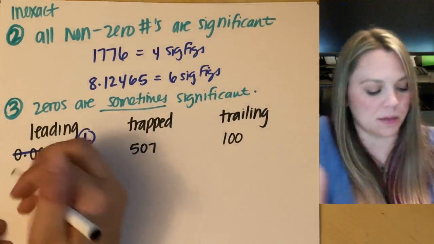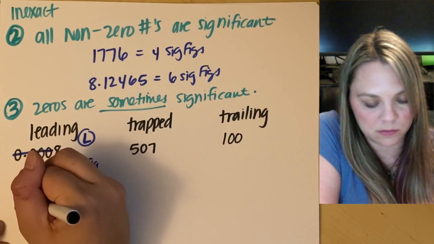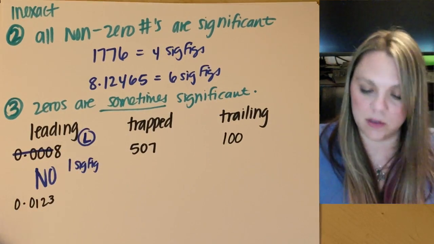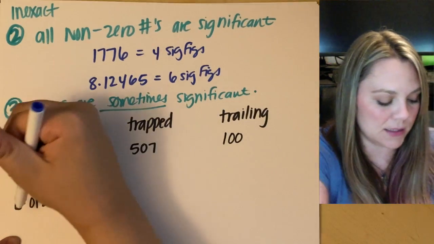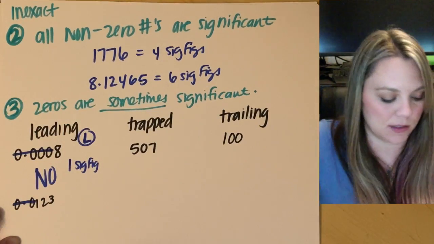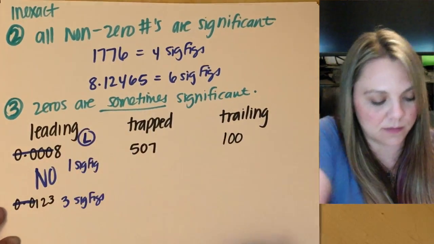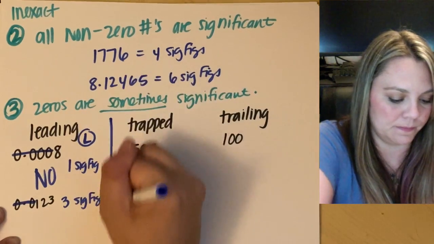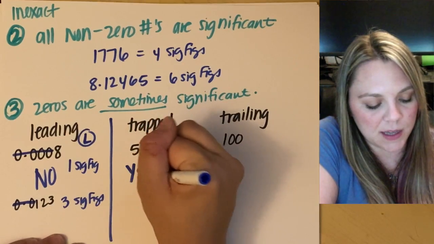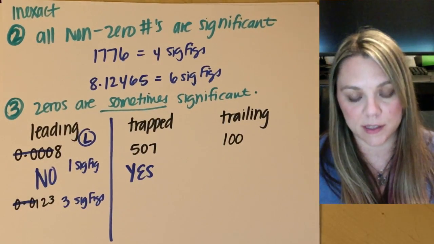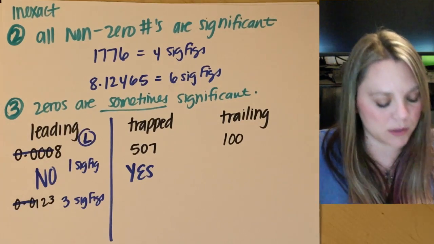If I had a different example, 0.0123, any zero to the left is not significant, so I have 1, 2, 3 sig figs. Trapped zeros, this is a big yes. They're always significant. If the zero is trapped between two significant numbers, it's always significant.